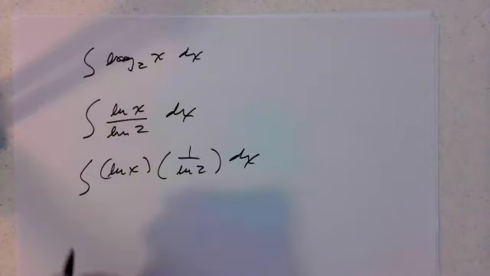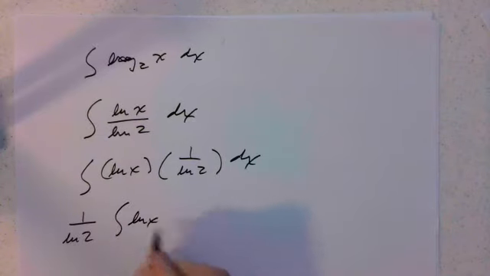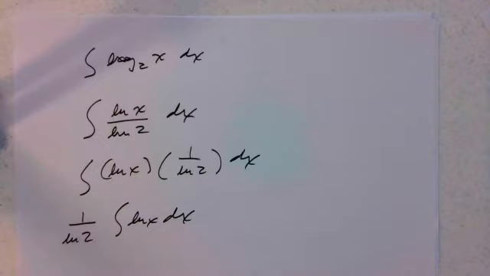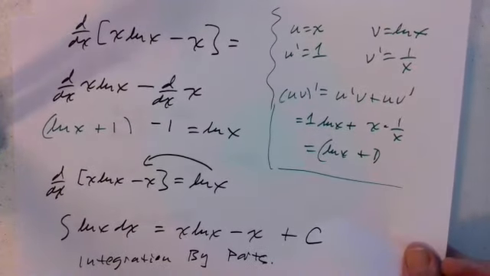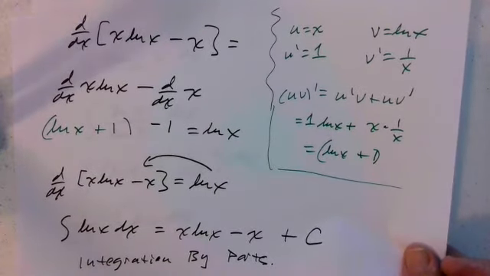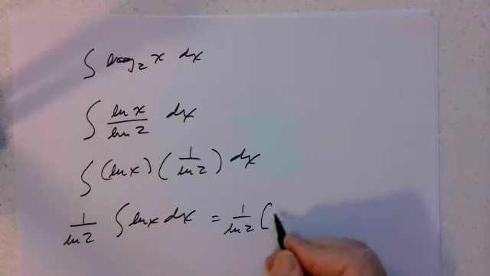Then I pull the 1 over natural log 2 out in front. So I get 1 over natural log 2 times the integral of natural log x dx. And we showed on the previous page, remember, that the integral of natural log x is x log x minus x plus c.